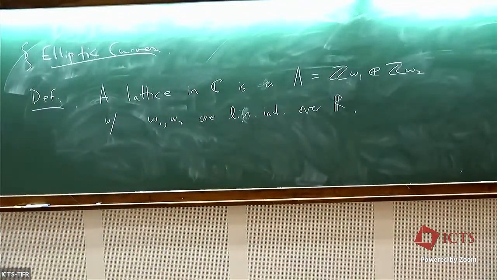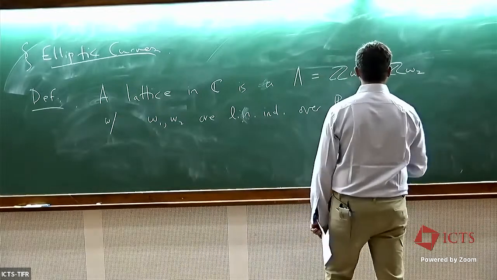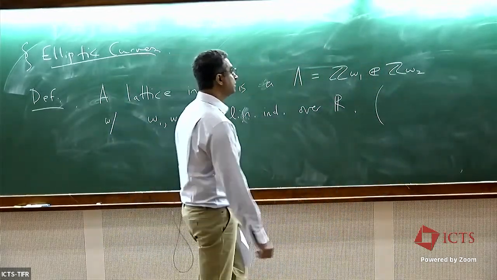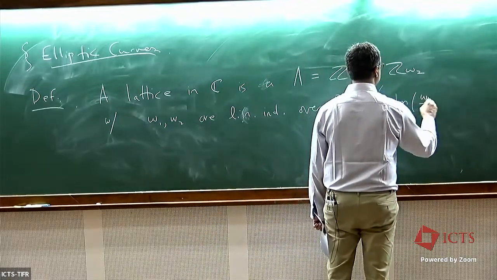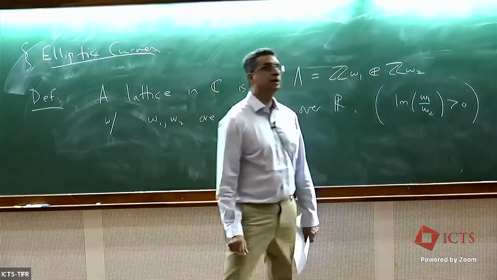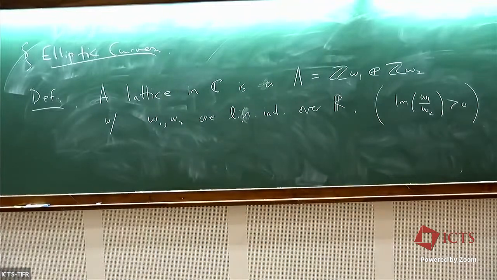It's a discrete subgroup of C. And it's convenient to normalize this choice: you can always replace omega 1 by minus omega 1 to make this condition true, that the imaginary part of omega 1 over omega 2 is positive. This part is already connecting in some way to the first section, the section on modular forms.